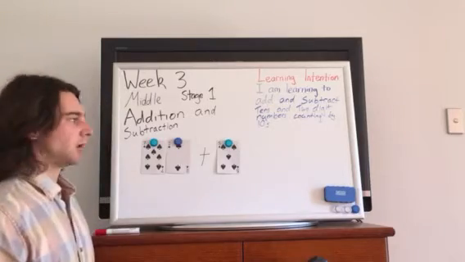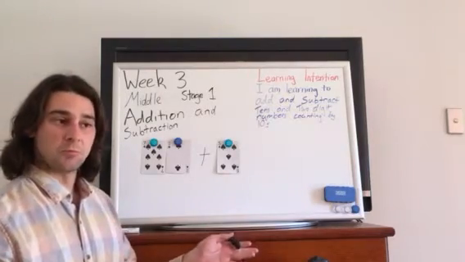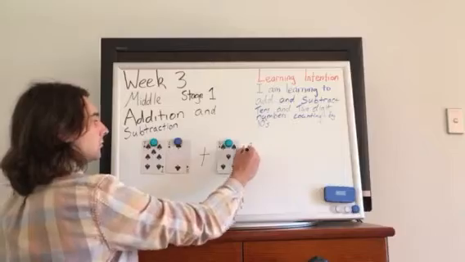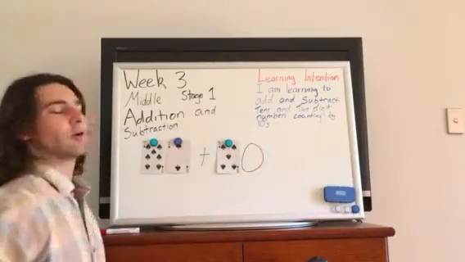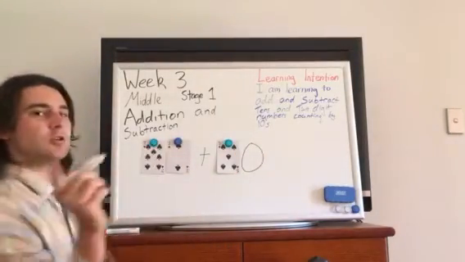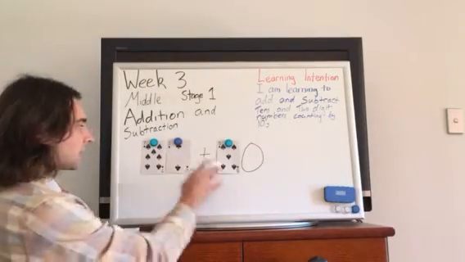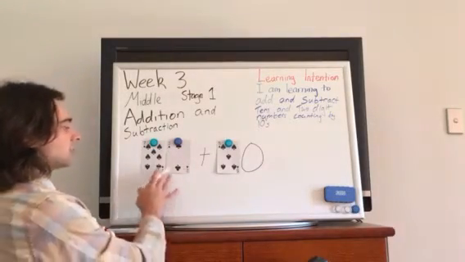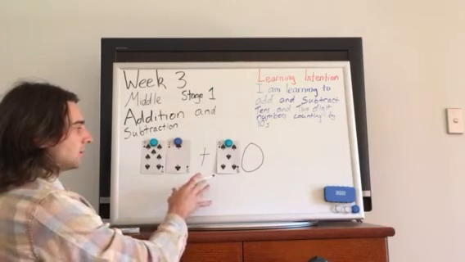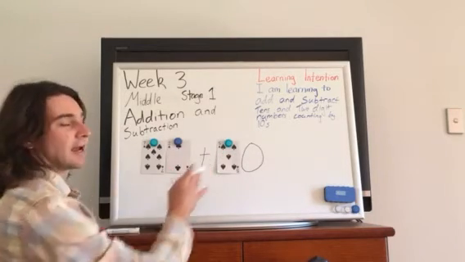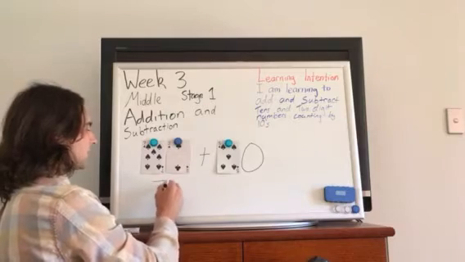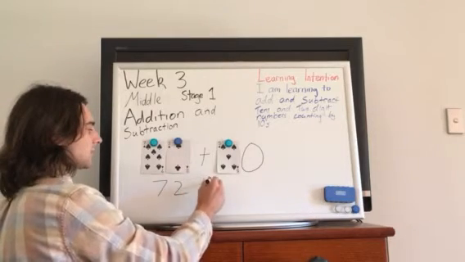How do I make my 5 into a tens? Well, I need to put a 0 at the end. So my new equation is, see what I've done now? Just by turning over 3 cards, I'm having a 2-digit number added to by a tens number. 72 plus 50.